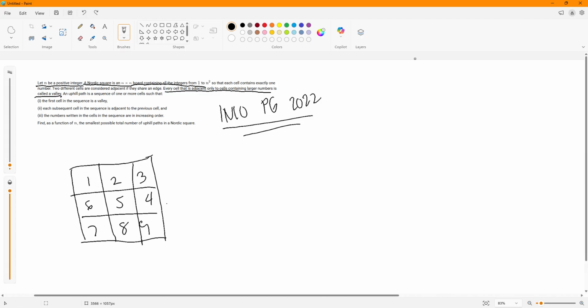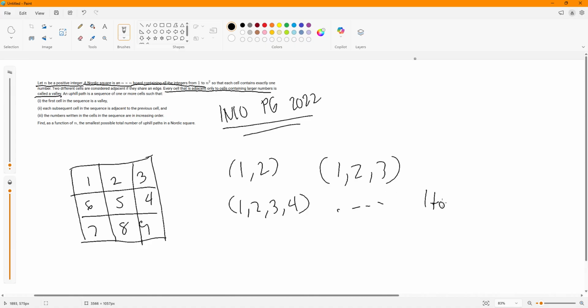If you notice something, maybe you could just take this as an uphill path, technically. The number of uphill paths here: 1, 2 is an uphill path. 1, 2, 3 is an uphill path. 1, 2, 3, 4 is an uphill path too, all the way to 1 to 9.